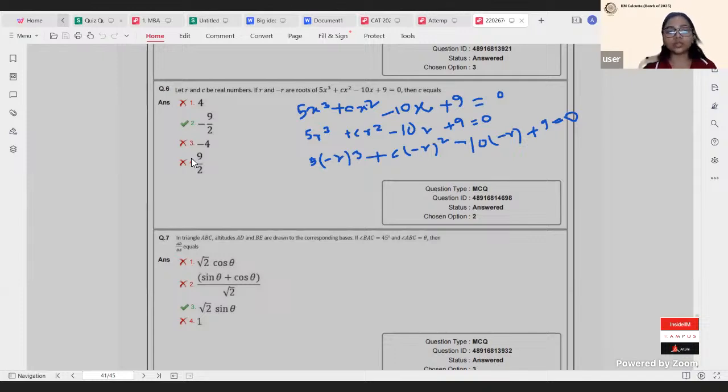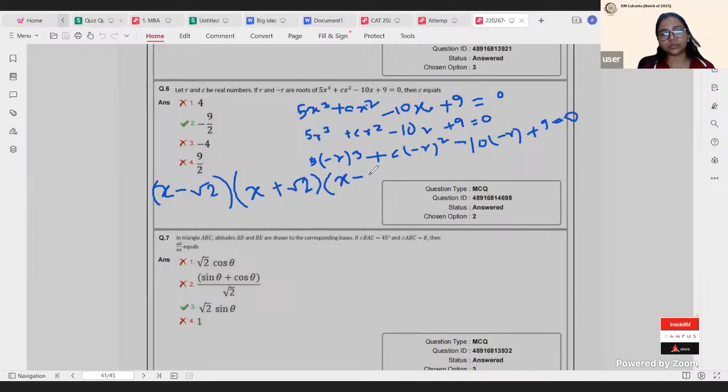So when the value of r comes out to be plus minus root 2, we'll have to find the value of c. In order to find the value of c, we can do it in multiple ways, but in order to use a factor method in this case, we can write it as x minus root 2 into x plus root 2 into x minus k, where k is the third root apart from plus minus root 2, because it's a cubic equation, so it is going to have 3 roots.